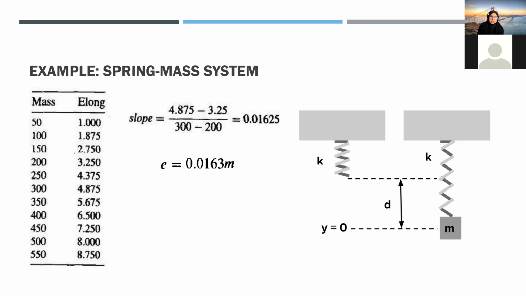And what we get is this equation. The elongation is just 16 over 10,000 of the mass.